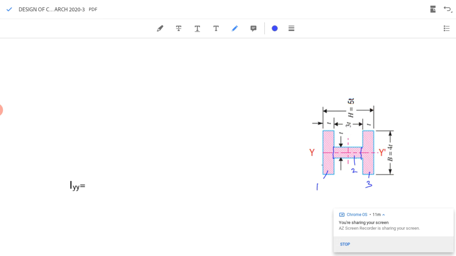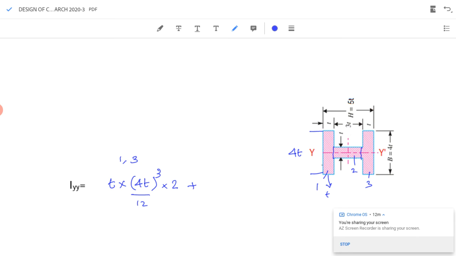What will be the moment of inertia of rectangle 1 about the y axis? Its moment of inertia will be bh cube by 12. Its base is t and height is 4t, so t into 4t whole cube by 12. There are 2 such similar rectangles, 1 and 3, so for rectangles 1 and 3, I multiply by 2, plus the second rectangle.